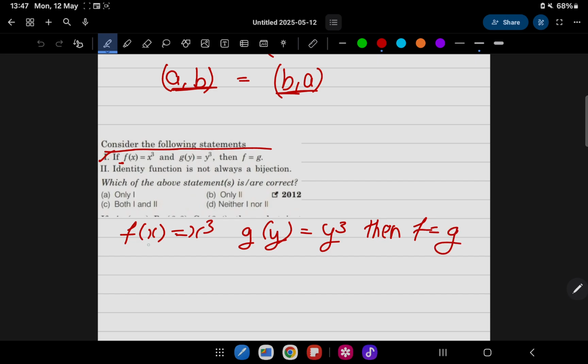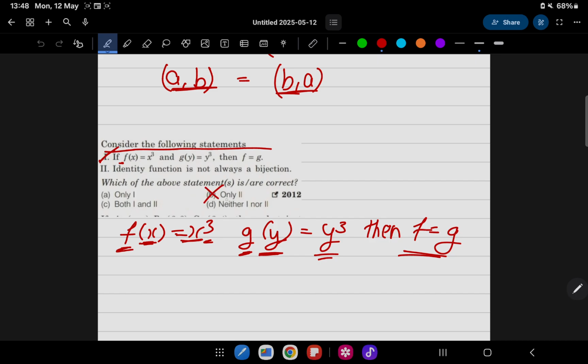Here, when we put a value of x, it becomes its cube, and when we put y in place of x, then g makes its cube. So function f makes a cube and function g also makes a cube. So in this question f is equal to g, so the first statement is correct.